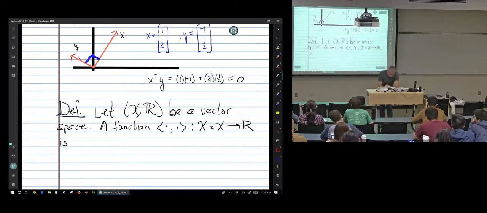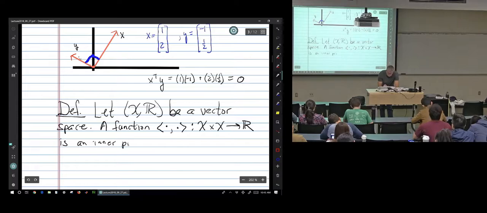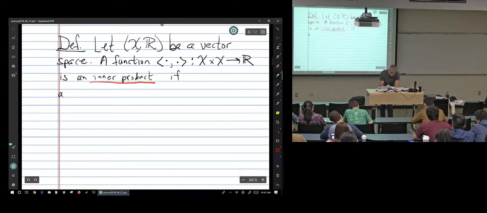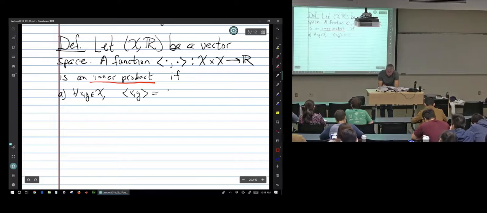This is an inner product if, the first thing, I take any two vectors in my vector space and I do the inner product of x and y, I get the same thing as if I flip the order of the arguments.